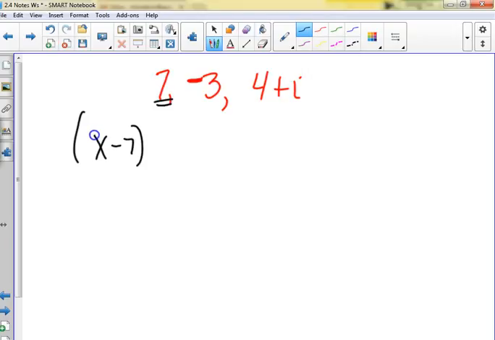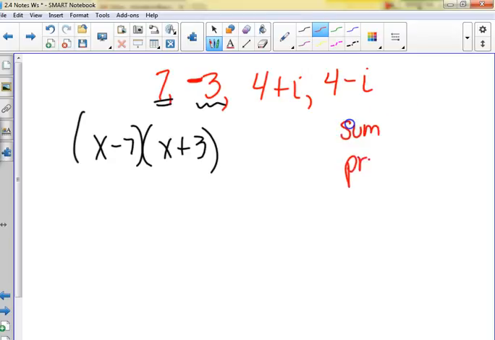X minus 7. This means x plus 3. Now, before we go any further, what is the other zero? 4 minus i. Okay, rather than write this out and FOIL it all together, we can use the rule we just did, the sum and product. What does the sum and product mean? The sum means you add them together. What is 4 plus i plus 4 minus i?